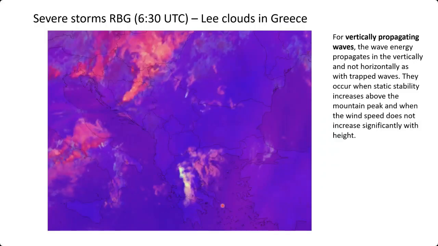And then when we look today at this severe storm RGB, we also find a pretty nice example of lee clouds in Greece. The important thing here is not to mix them up with thunderstorms, although the color is the same, because both consist of small ice crystals.